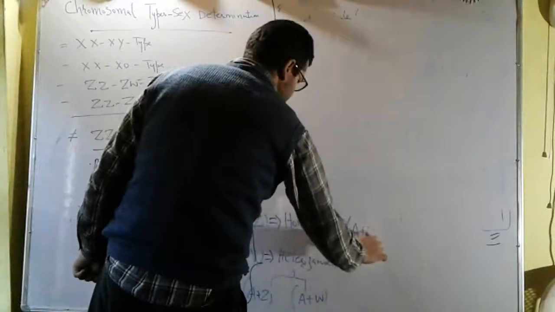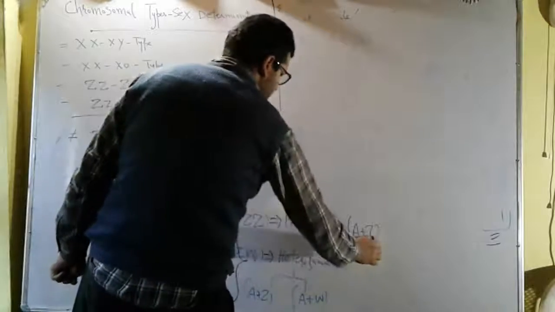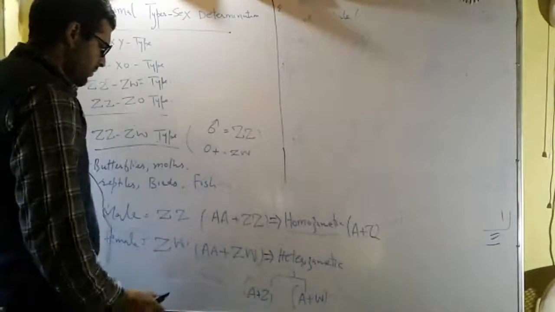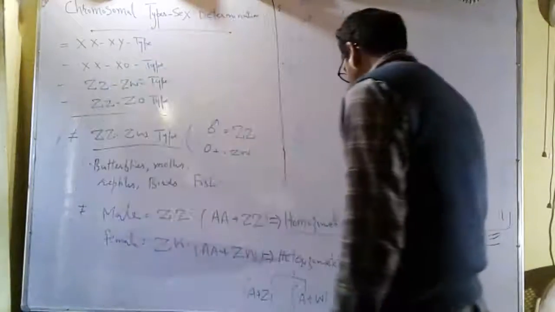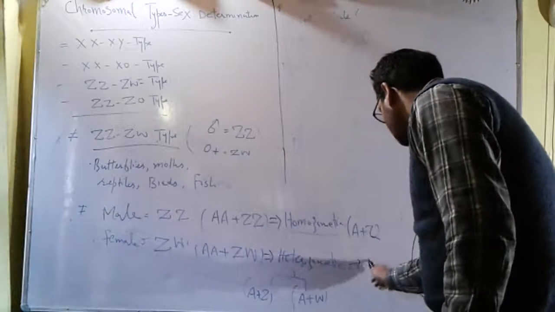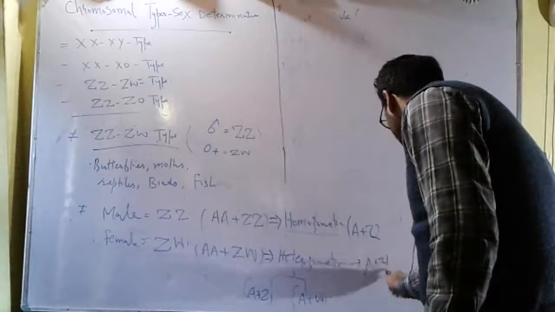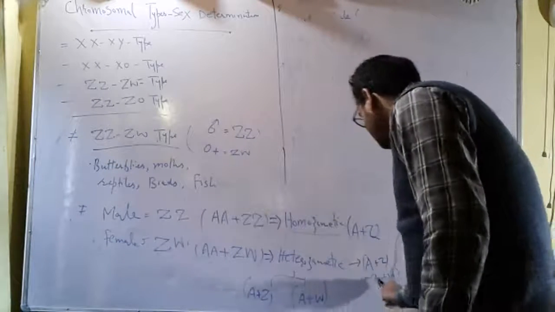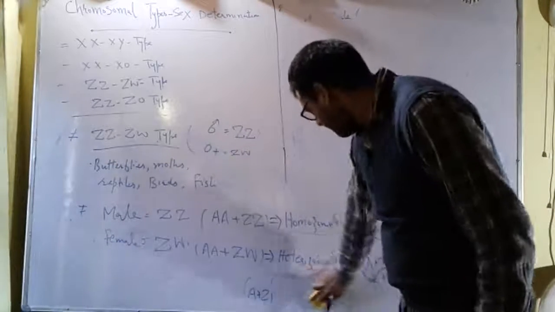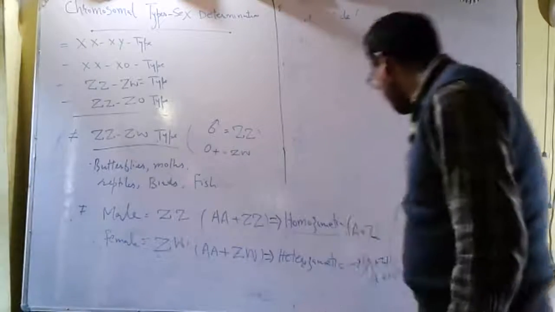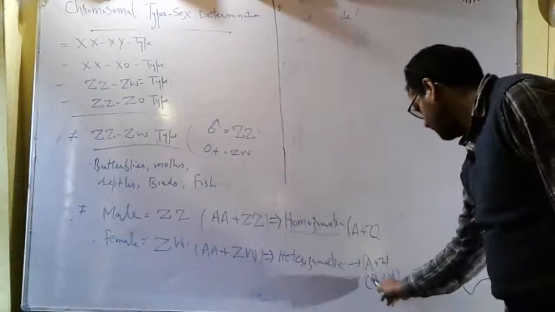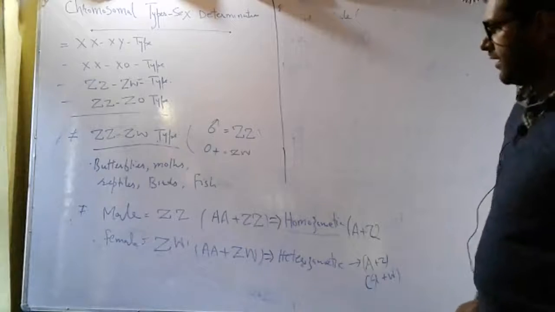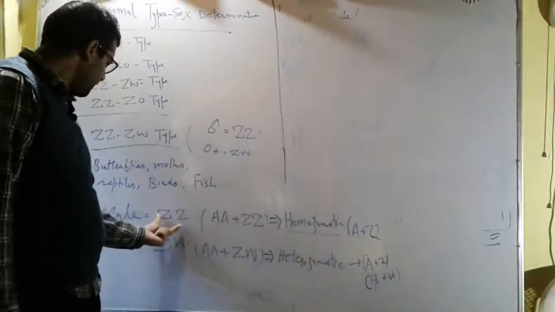Here all the gametes of males are homogametic, that is A plus Z. The heterogametic females will produce A plus Z and A plus W. In case of males, the sex chromosomes are homomorphic.